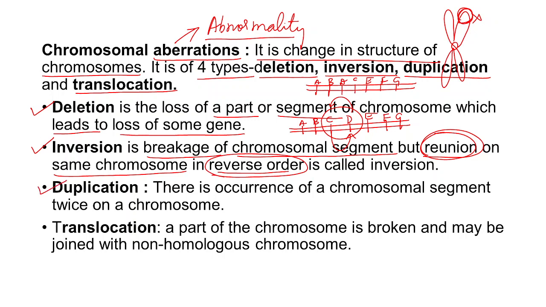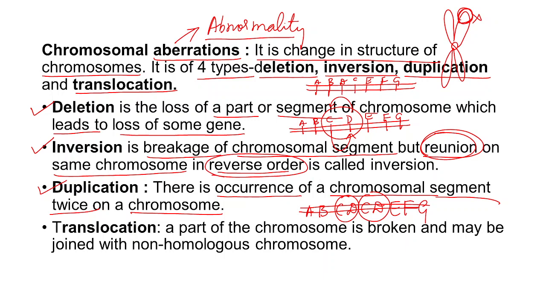What is duplication? Very simple, by the name itself you can understand, it will be duplicated. That means a part of the chromosome will be duplicated or copied, or it will occur twice. Duplication is the occurrence of a chromosomal segment twice on a chromosome. See here, I will write A, B, then C, D, C, D, E, F, G. So here, C and D have occurred twice.